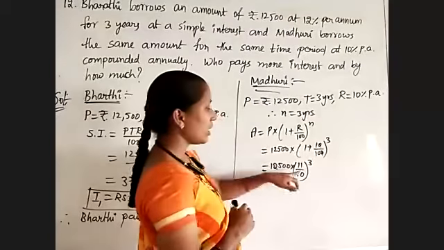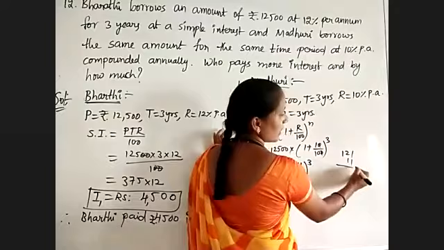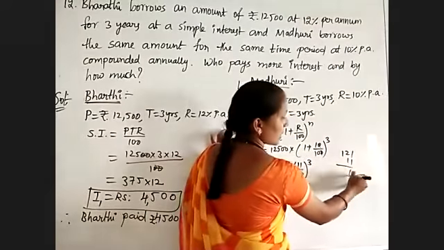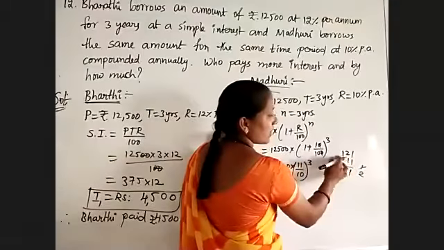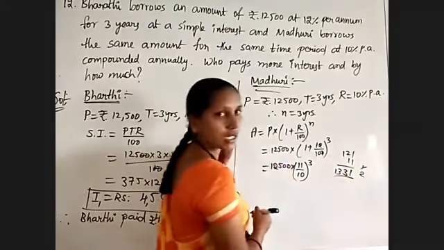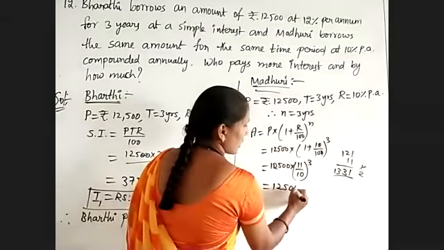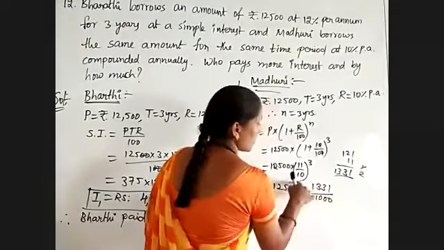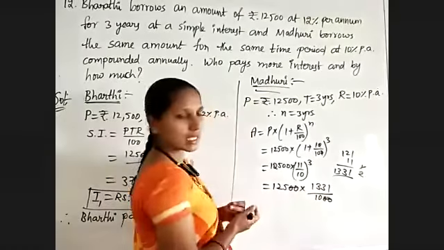We know the 11 cube value: 11 elevens are 121, 121 into 11 gives 1,331. So 12,500 into 1,331 by 1,000. 10 cube is 1,000, so these two zeros again will get cancelled.